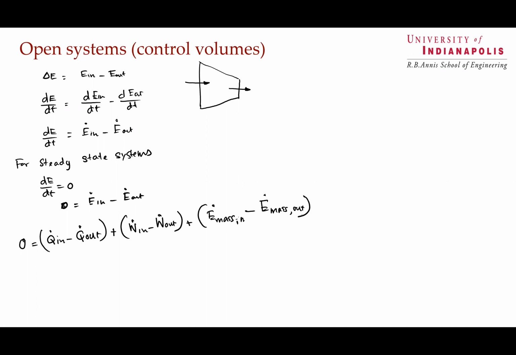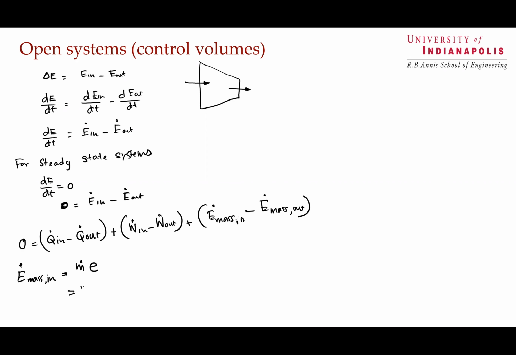So we already know what this Q in and Q out are, but E mass in, so E dot mass in equals m dot in times the specific energy of the flowing fluid.